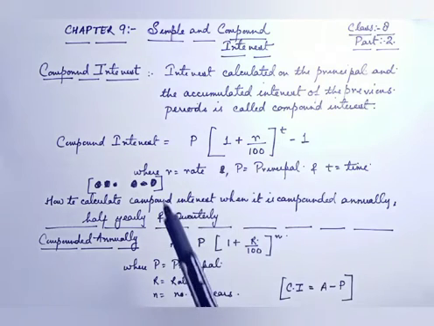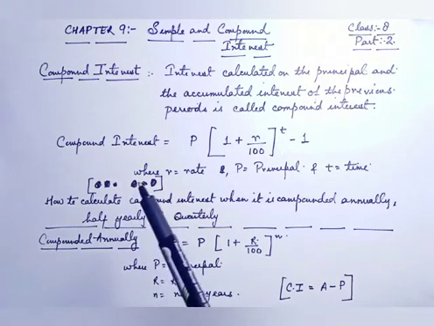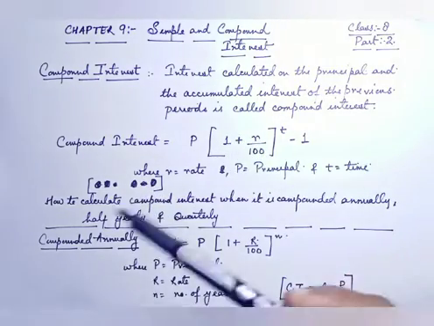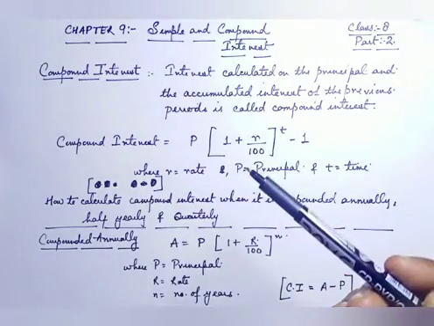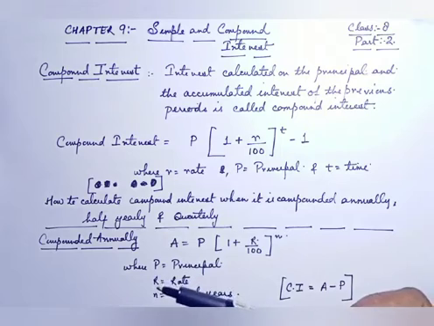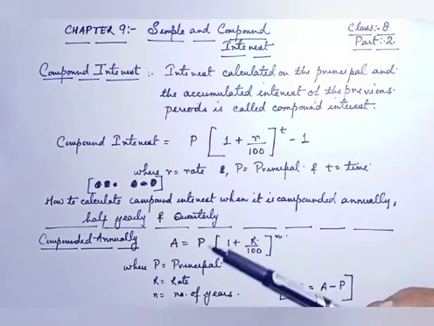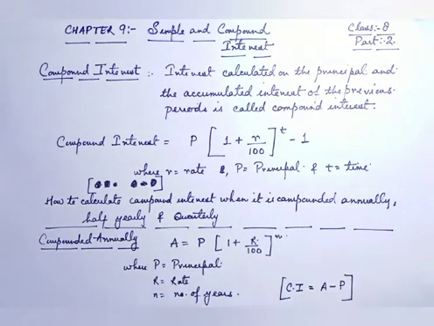Now there are three conditions for compound interest, when it is compounded either annually, half yearly, or quarterly. So let us see the formula that we are going to use when the compound interest is compounded annually. The formula is amount is equal to principal into 1 plus r upon 100 to the whole power n, where p is the principal, r is the rate, and n is the number of years.